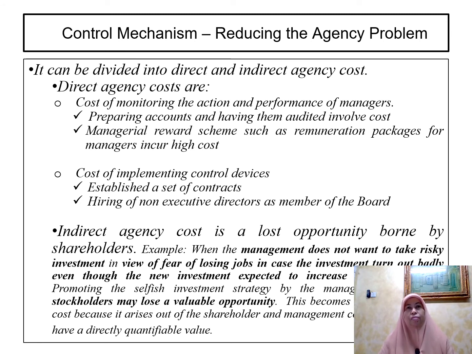The executive directors normally work full-time in the company, and they are responsible for the company's operations. Whereas the non-executive directors are normally not appointed as full-time directors, but instead oversee the performance of the executive directors in the board of directors meeting.